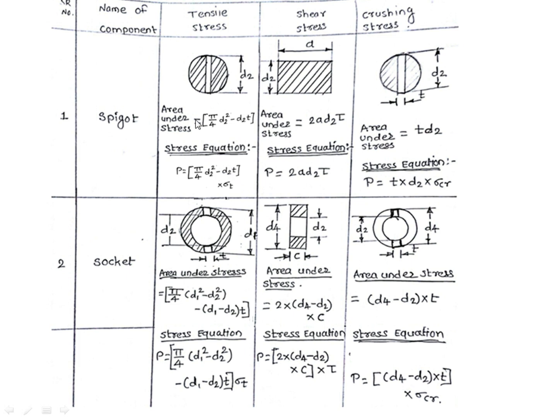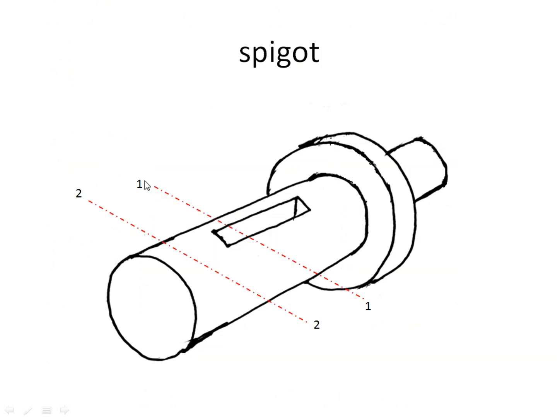There are common stresses which are induced in the spigot and socket, namely tensile stress, shear stress and crushing stress. So we'll see one by one those stresses induced in the spigot as well as in the socket. The tensile stress induced in the spigot is at the weakest portion of the spigot, that is where the slot is created, and it is indicated by section 1-1.